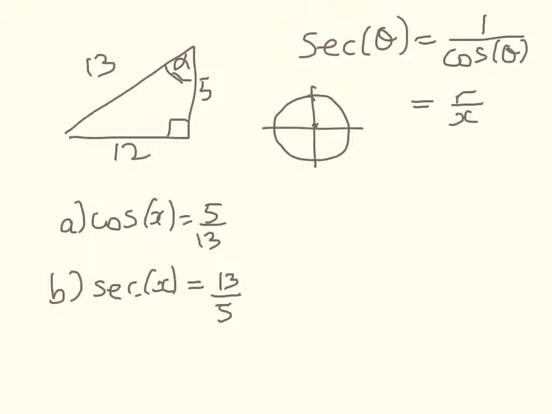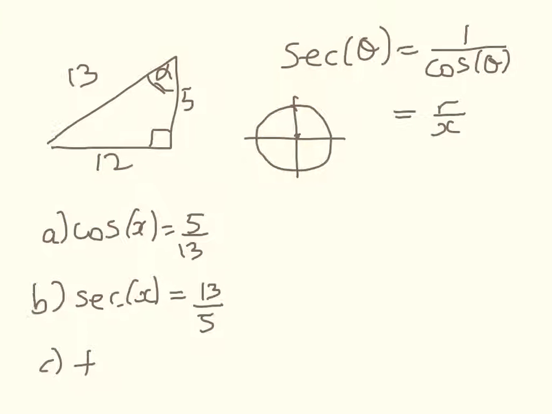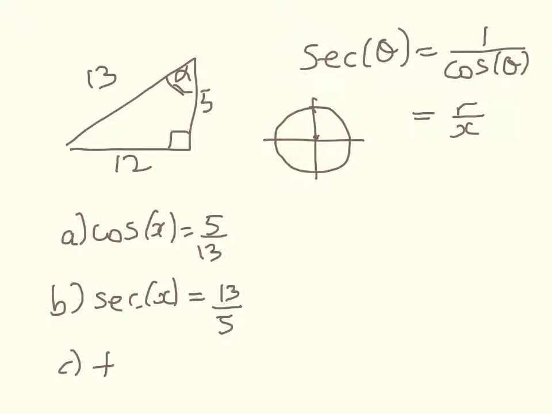Okay, right, where are we up to? C. Okay, C is tan of x. Right, so just looking carefully, that's my opposite, and that's my adjacent.